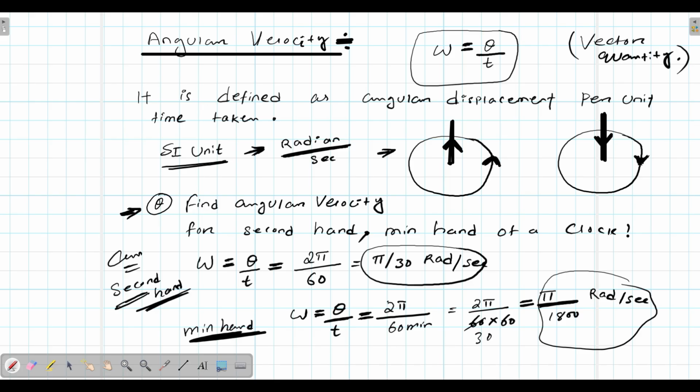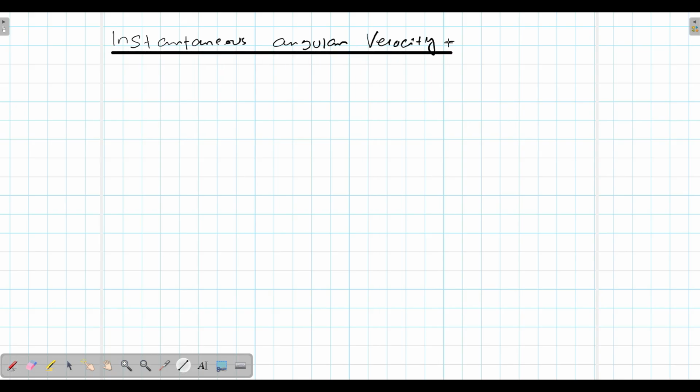Next is instantaneous angular velocity. Instantaneous angular velocity says कि angular velocity at any instant of time.